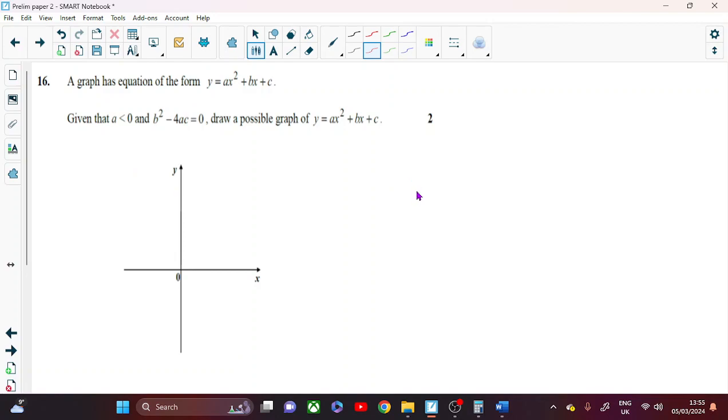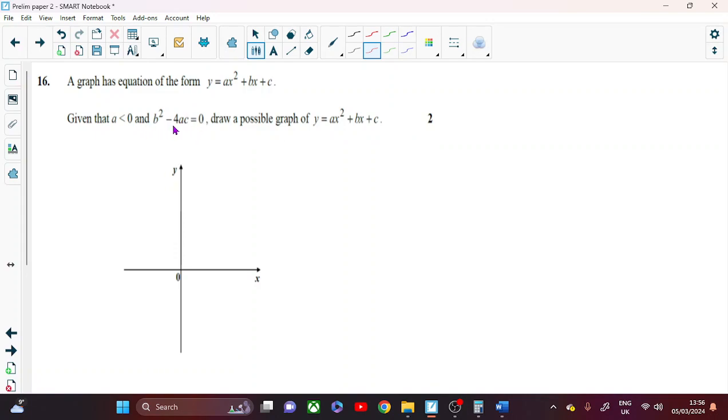Okay, here we have a graph with equation of the form y equals ax squared plus bx plus c, so a standard parabola. We're told that a is smaller than 0 and b squared minus 4ac equals 0, so our discriminant equals 0, and we have to draw a possible graph.